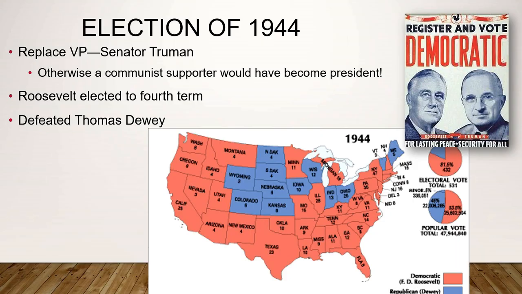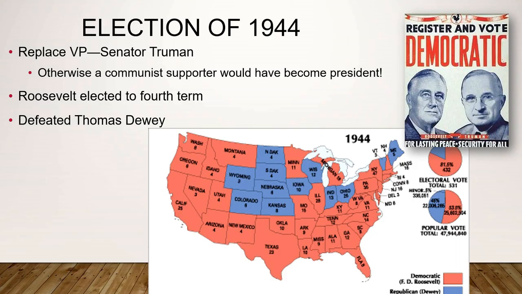By the summer of 1944, so well before the election, the people around FDR, and I have to believe FDR himself, knew he was dying. He was an extremely unhealthy person. People would come out of meetings almost in tears at what they had seen in dealing with this guy.